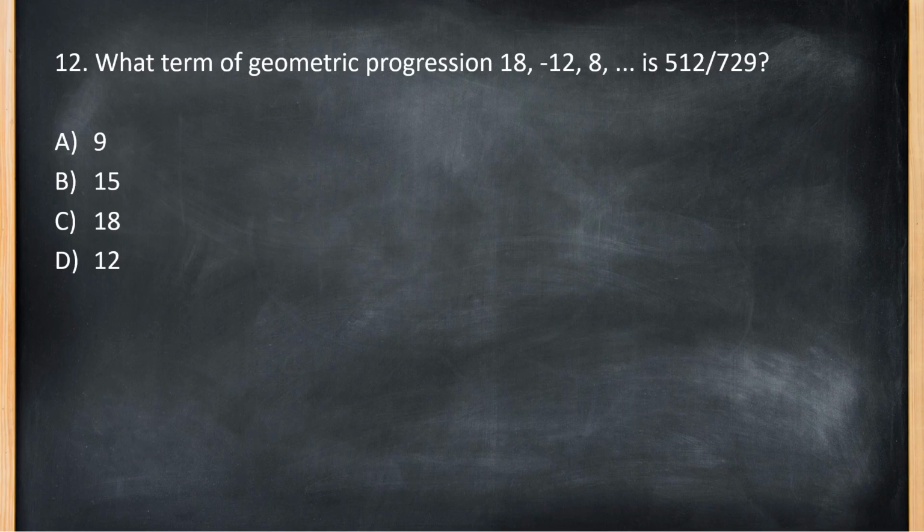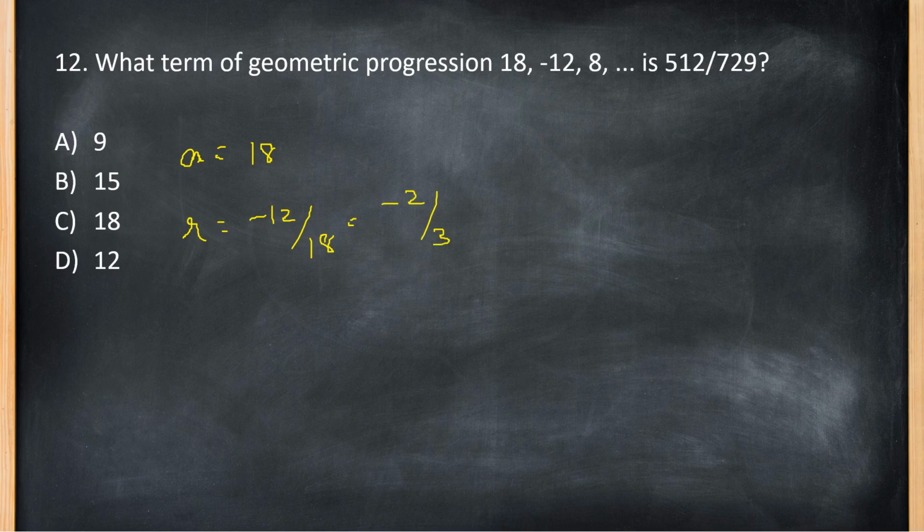I guess you have one more question. What term of the geometric progression is 512 by 729? So here we know the first term, a, is 18, and r you can also find: minus 12 by 18, that gives you minus 2 by 3.